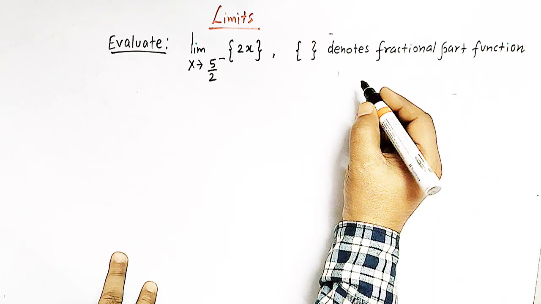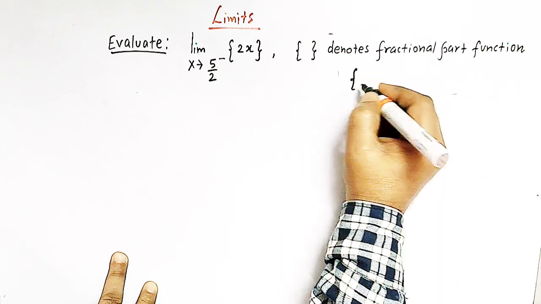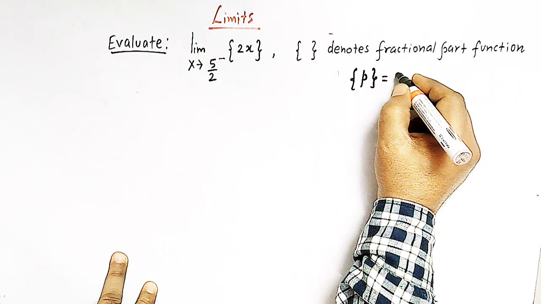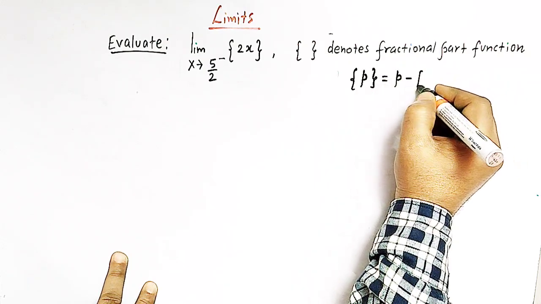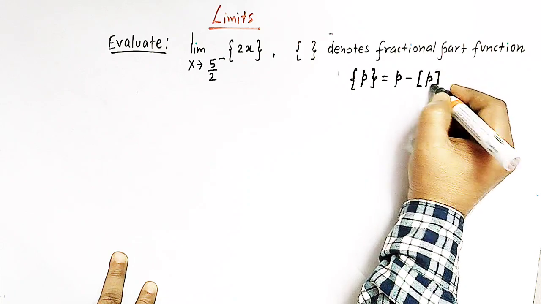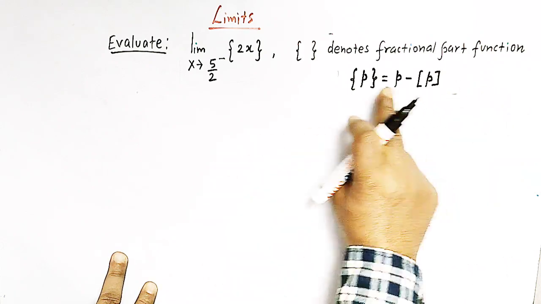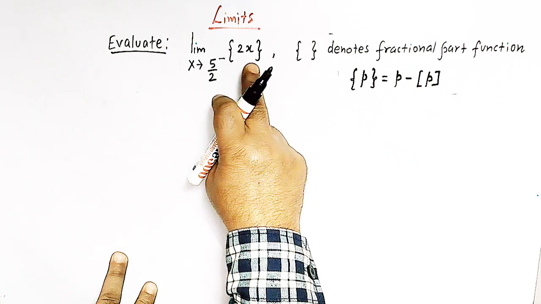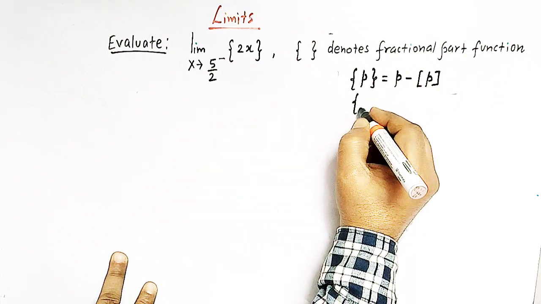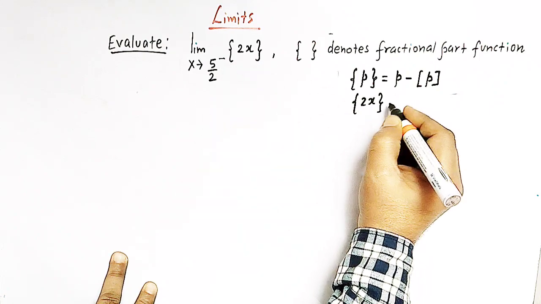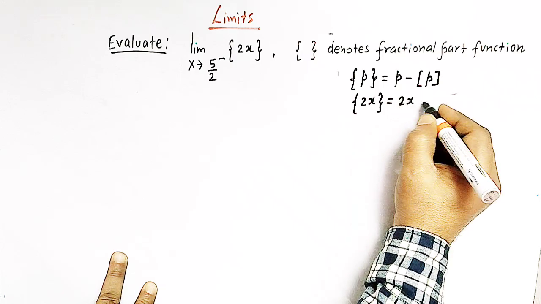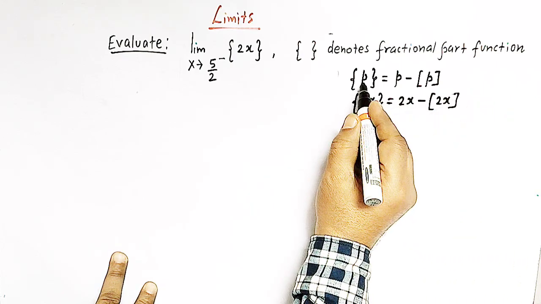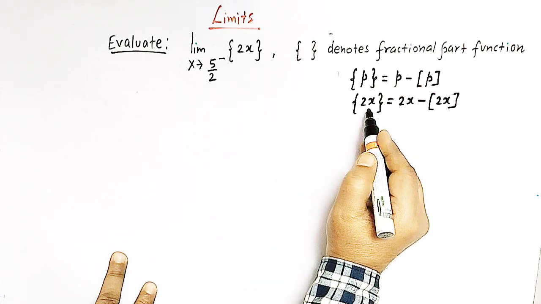Now the fractional part function is defined like this: the fractional part of p is given by p minus the greatest integer of p. We'll apply this definition to simplify the fractional part of 2x. So the fractional part of 2x can be written as 2x minus the greatest integer of 2x, replacing p by 2x.